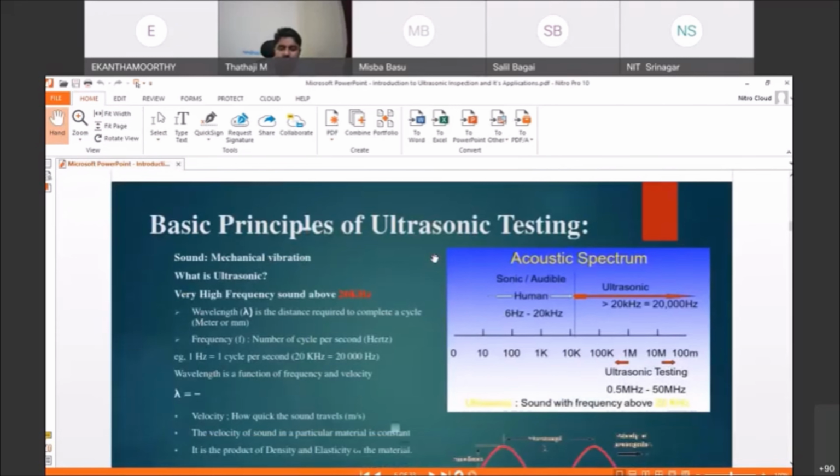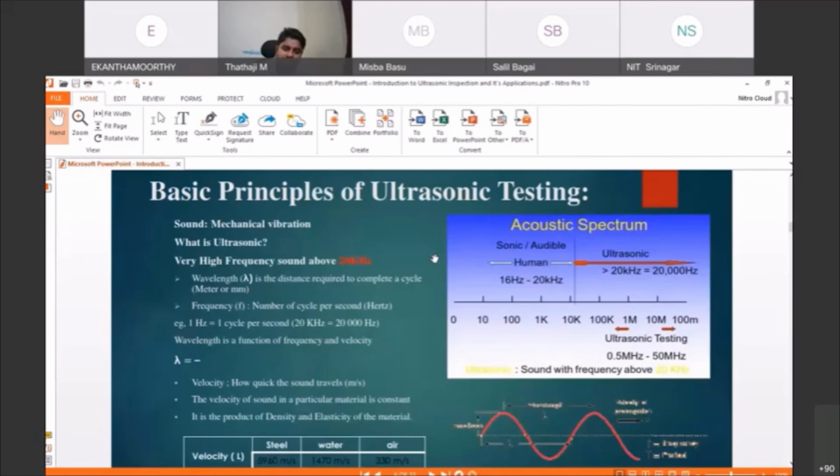Before going to the basic principle of ultrasonic testing, we should be aware of the basic terminologies, like what sound is, what frequency is, and what wavelength is. I think everybody is aware of it, but let me tell you in a short way.